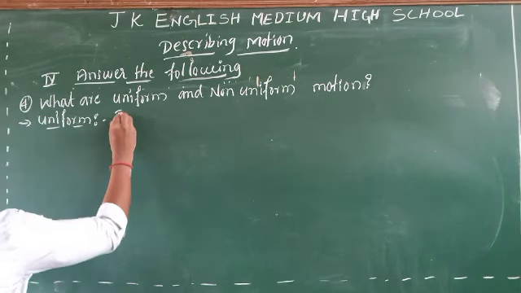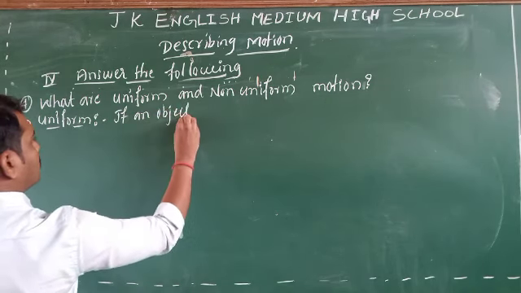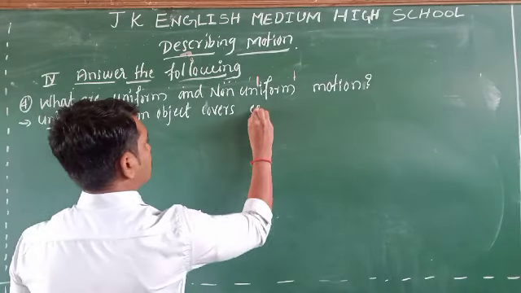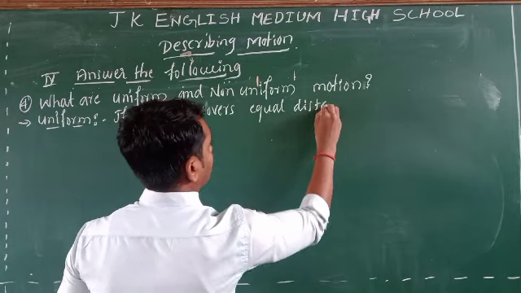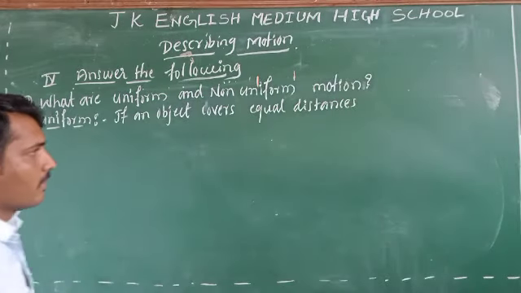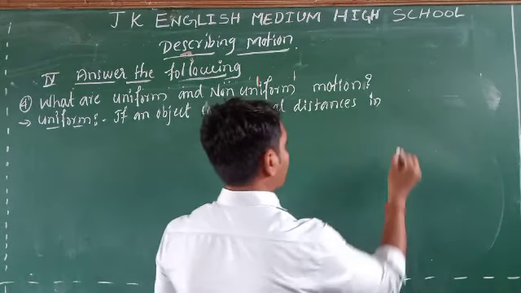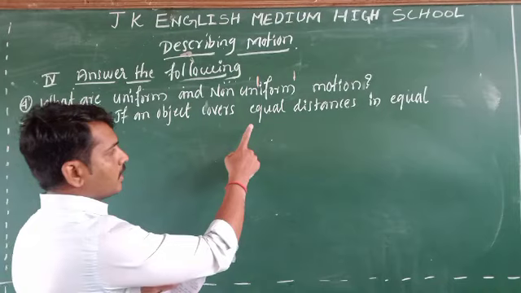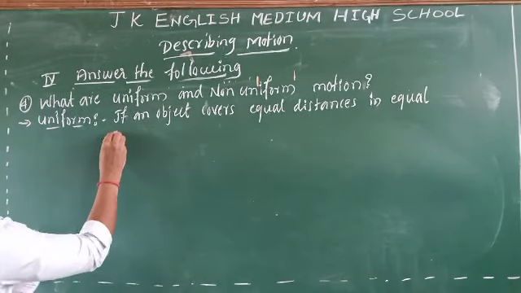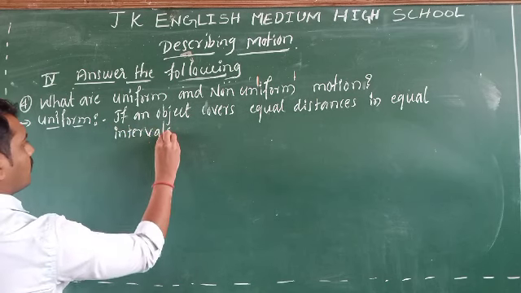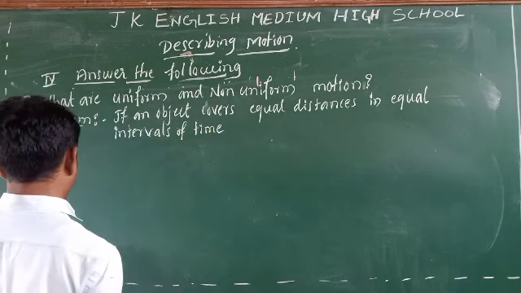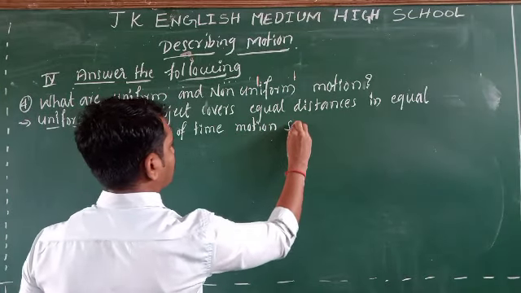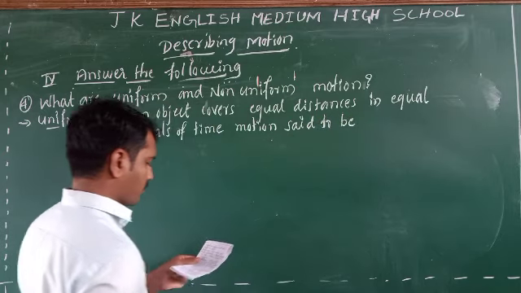If an object covers equal distances in equal intervals of time, motion is said to be uniform.